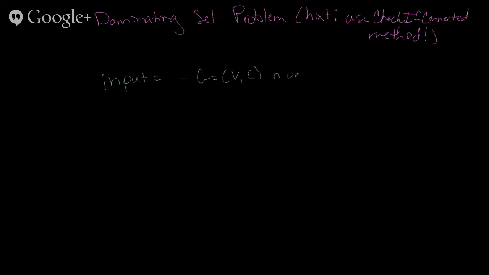It has n vertices, m edges. It's generally a good idea to write this out in vertices and edges, and it's generally a good idea to write graph G as an adjacency matrix, which will be n by n.